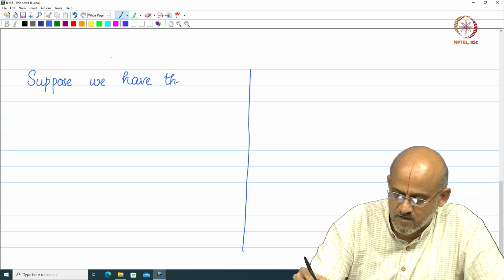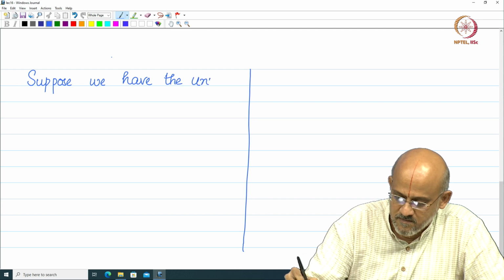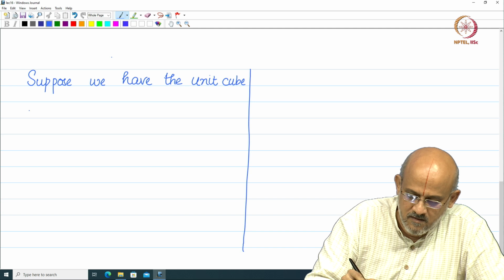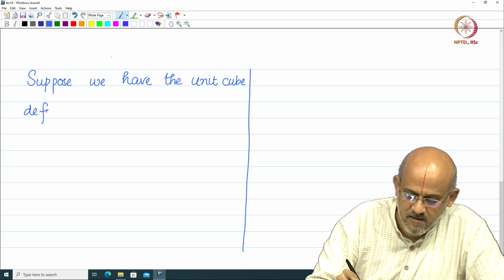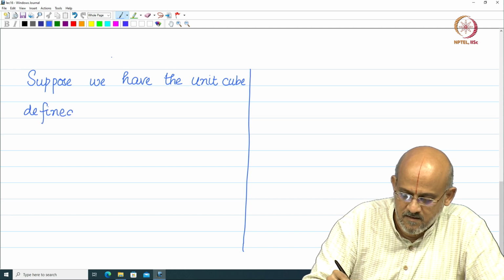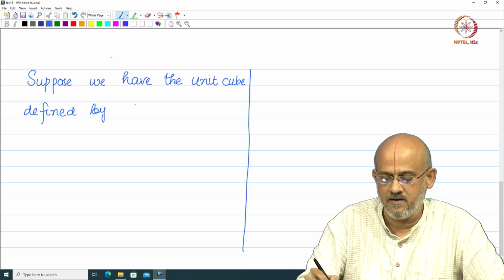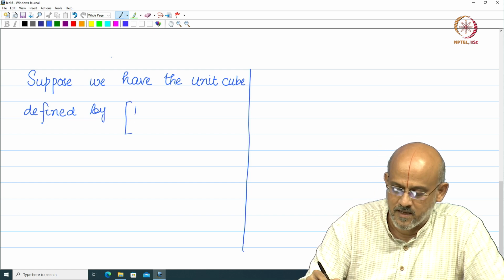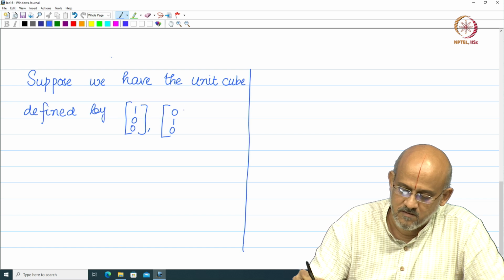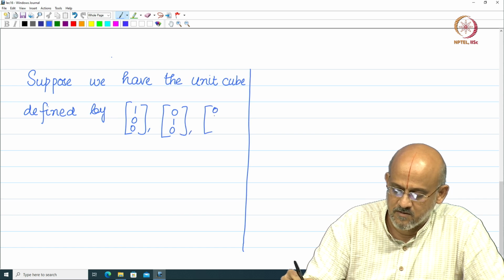We have the unit cube defined by the E1, E2, E3 vectors, namely 1 0 0, 0 1 0, 0 0 1.